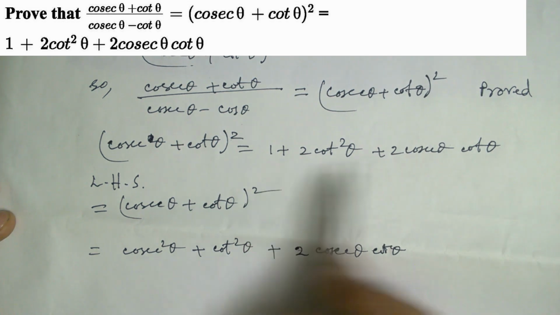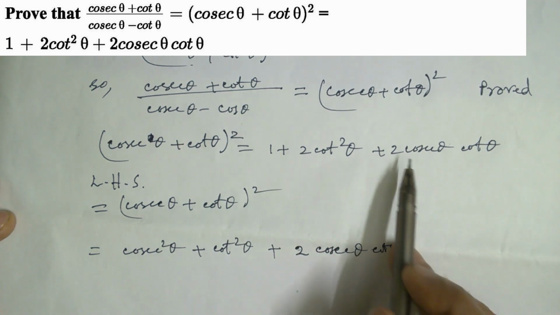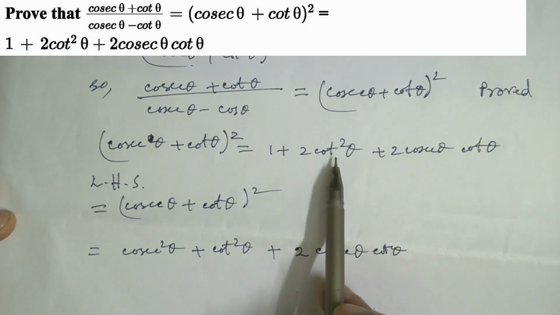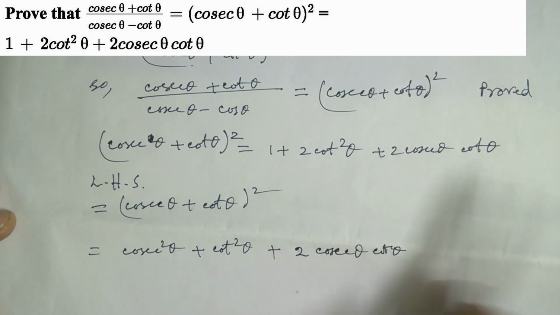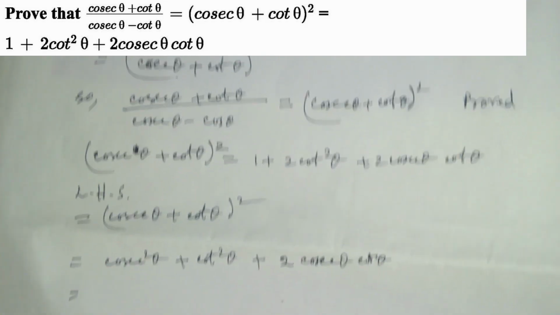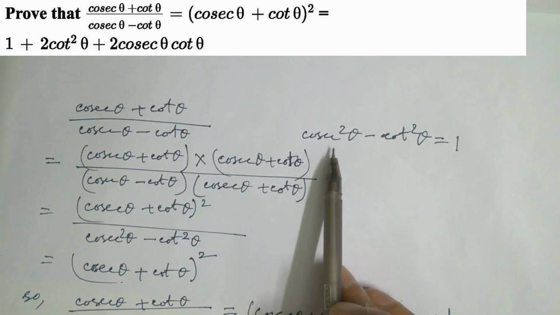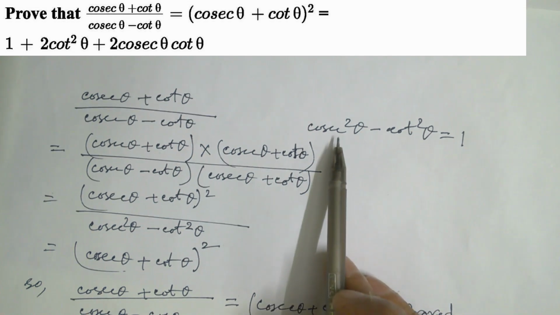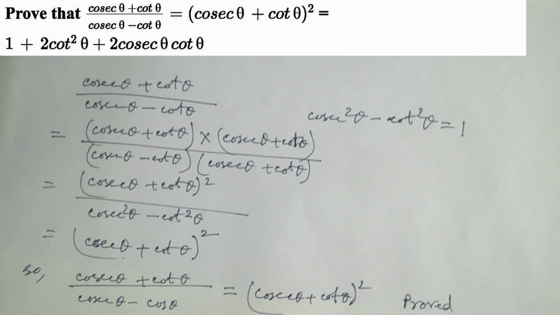If we look at this expression, we have got 2 cosec theta cot theta here. Cot square theta, only 1 cot square theta. Here is no any cosec square theta. So we will use the formula. See, here once written cosec square theta minus cot square theta is equal to 1. We will write cosec square theta is equal to 1 plus cot square theta.